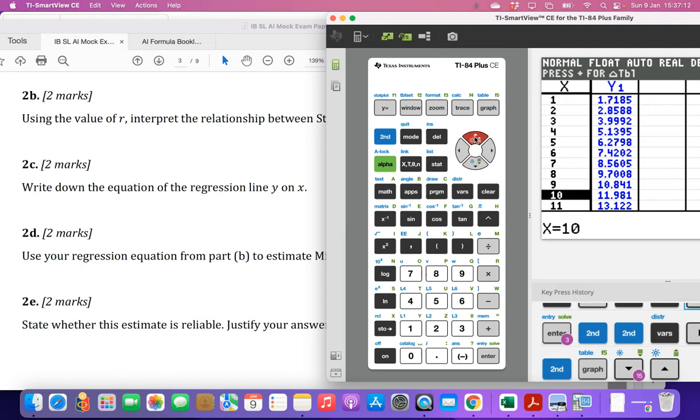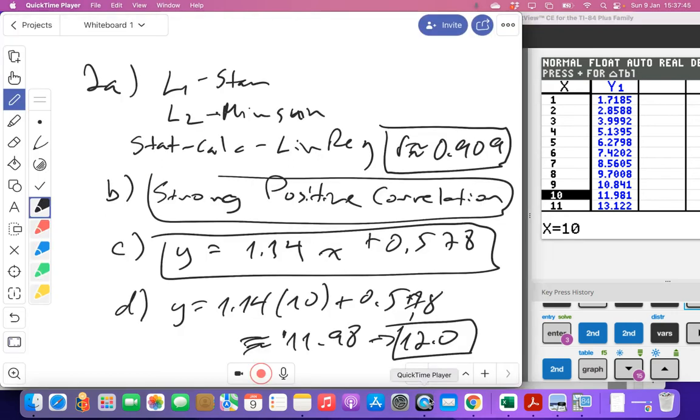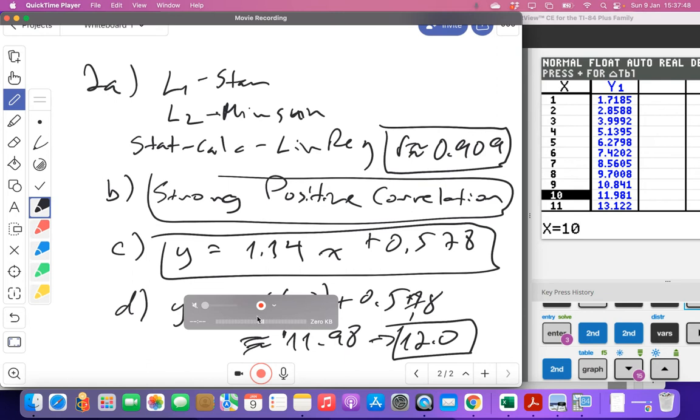What did I say? Okay, I was off. 11.981. Yeah, that's right. I just didn't add my 7 and 8 correctly. So this is an approximation for what Min Sun would have. Well, that's a 12.0 to 3 significant figures. That's what I wrote down on my answer sheet right here.